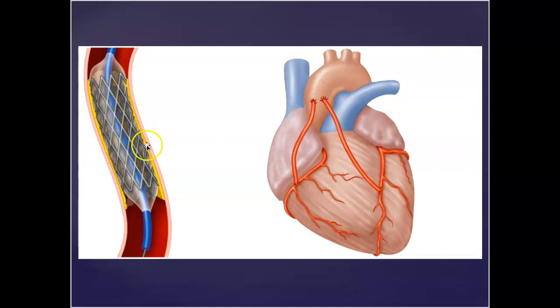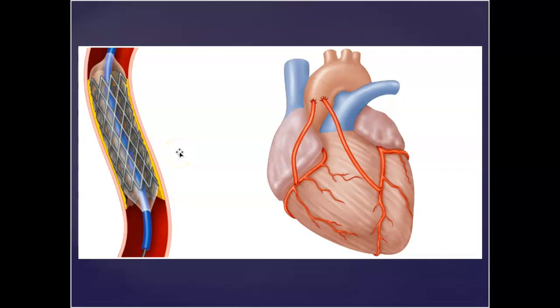And then this mesh, often lined with medication to keep the blood from clotting next to it, will stay in place, encouraging that lumen of that vessel to stay patent or open, and then the balloon gets deflated, and then they take that catheter out. So if you've heard of somebody getting a stent placed, that's what that would be.